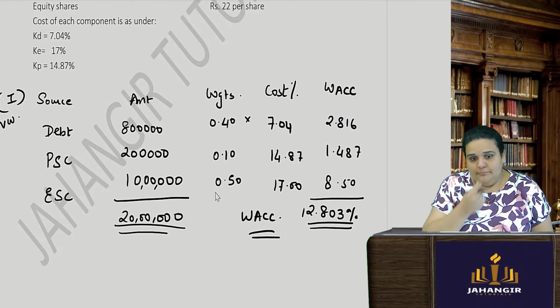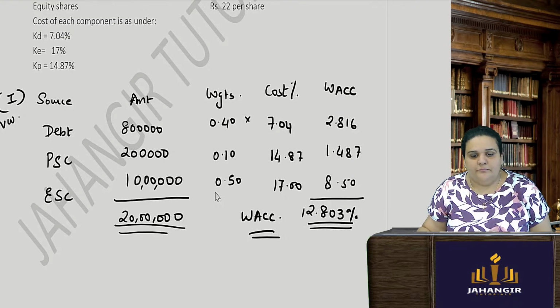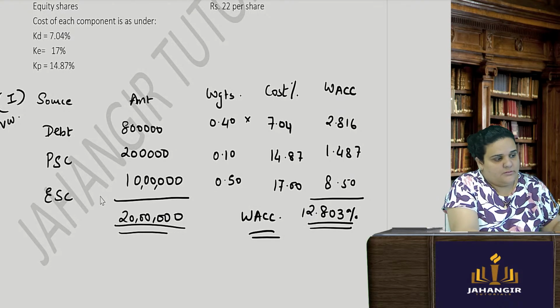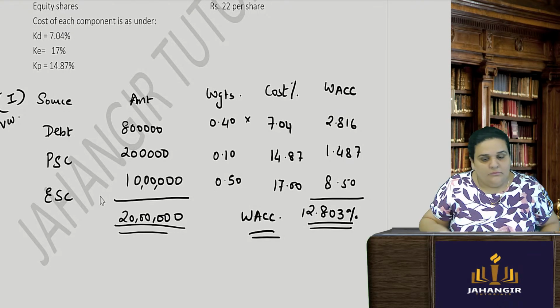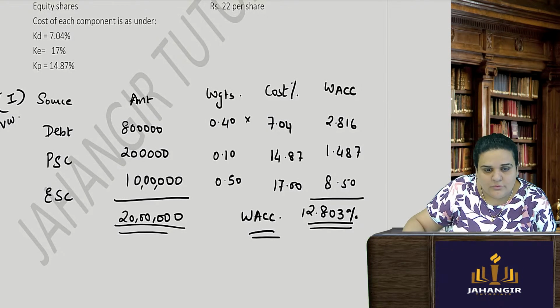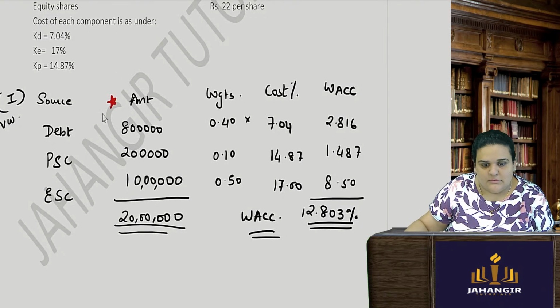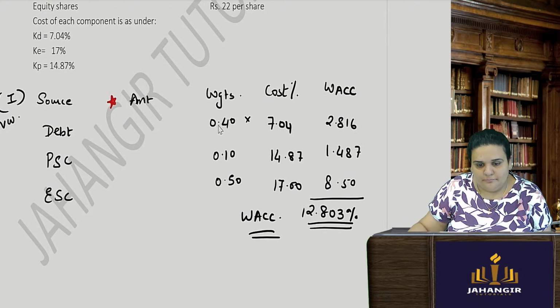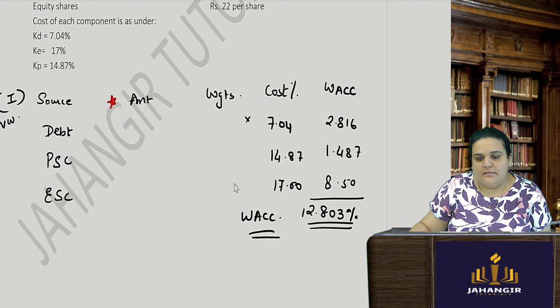Okay. Now this same question they wanted as per the market value weights. So now this is going to change for me. Okay, so I am changing this. Here I am going to use market value. Cost and everything remains the same, but I am going to use market value.